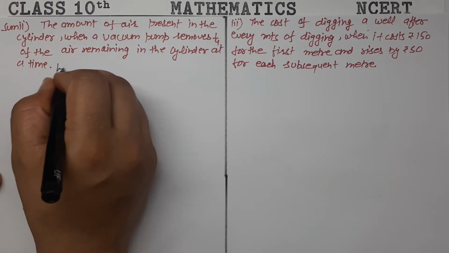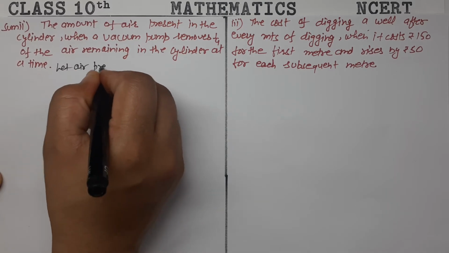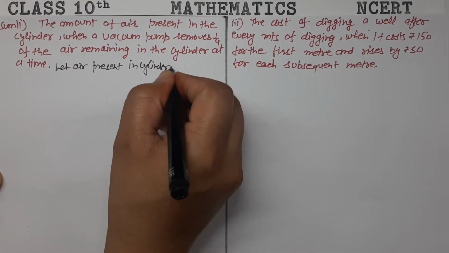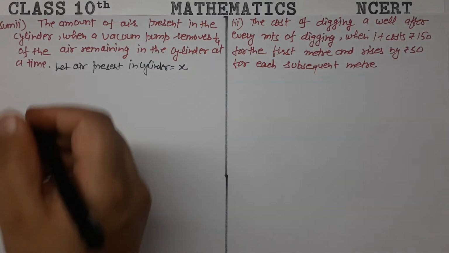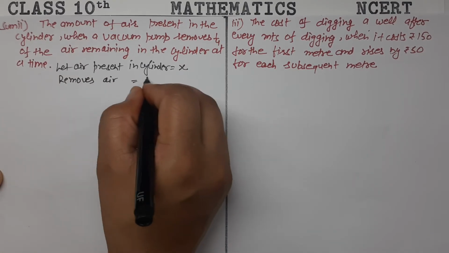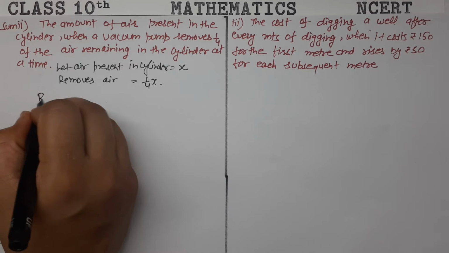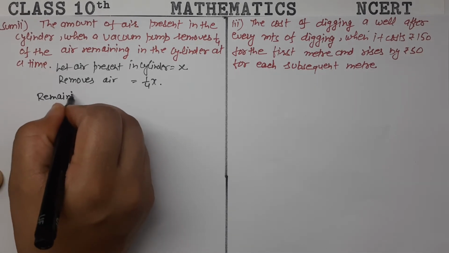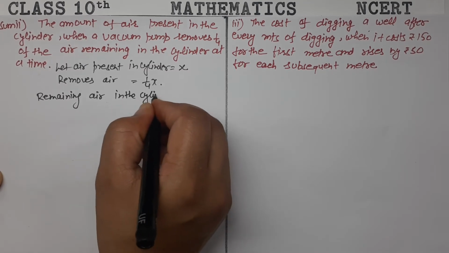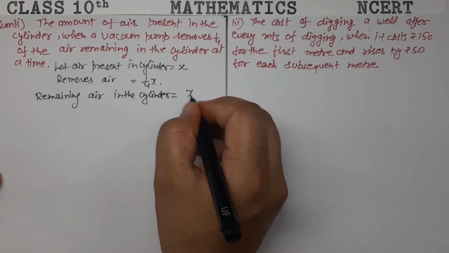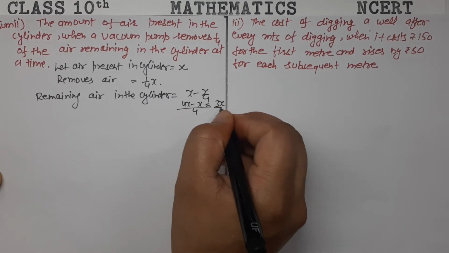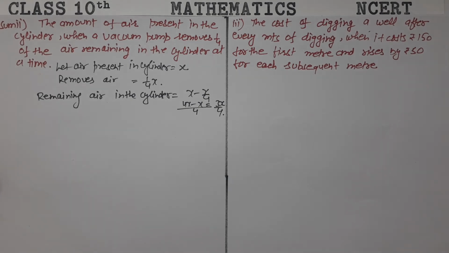Let the air present in the cylinder be X. It removes 1/4 of X. Remaining air in the cylinder is X minus X by 4, which makes 3x by 4 by taking LCM.